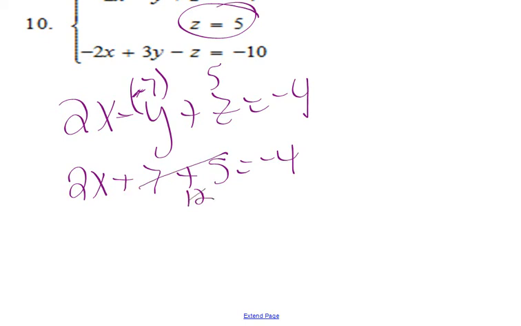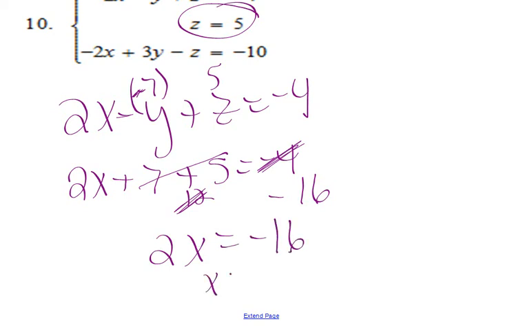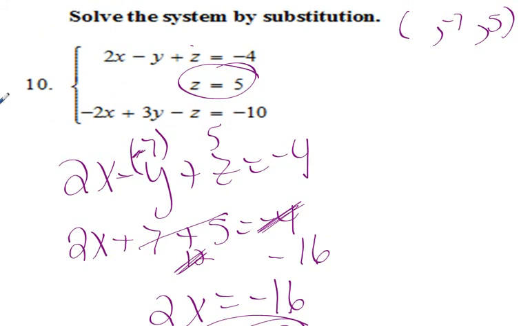Then subtract 12 from each side. And what do we get? Negative 16. So I now have 2x equals negative 16. So x is equal to negative 8. So that is our answer. Negative 8, excuse me. Our answer is negative 8, negative 7, and 5. And that's how we solve our system by substitution.